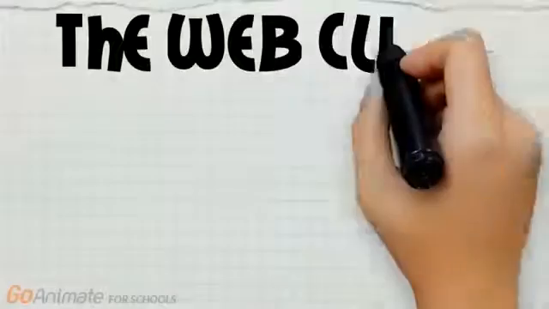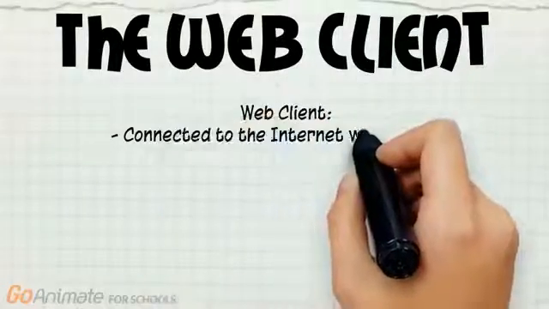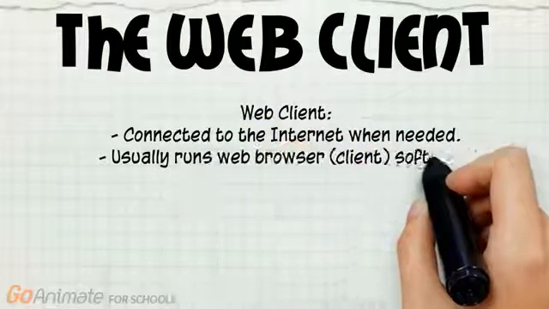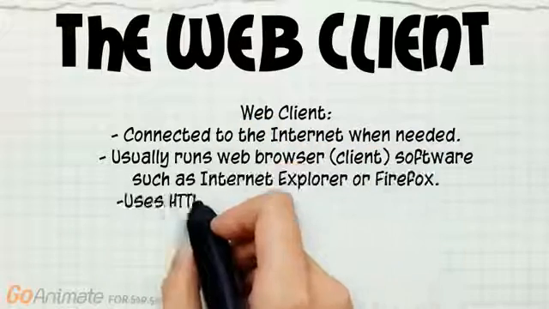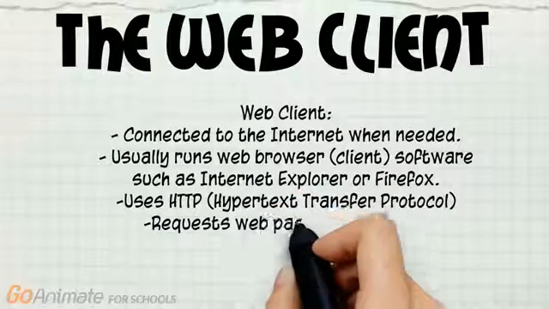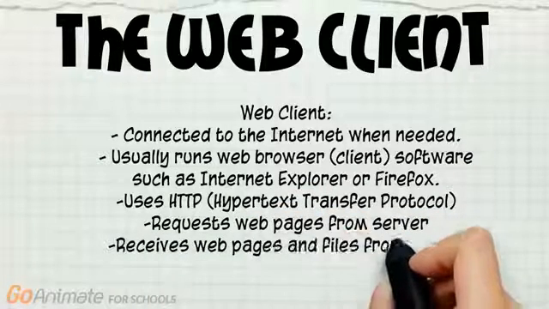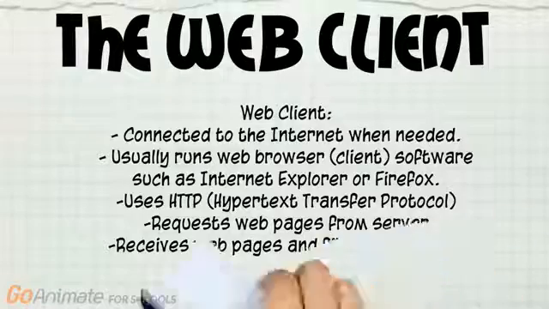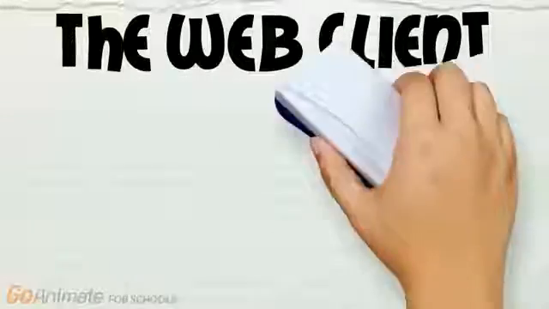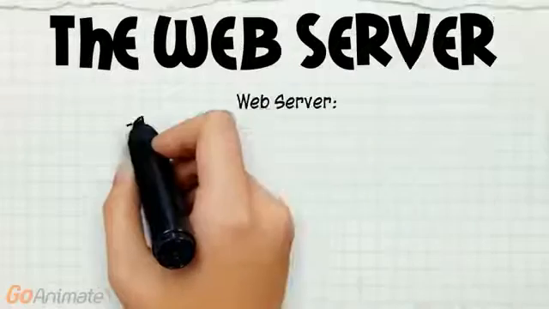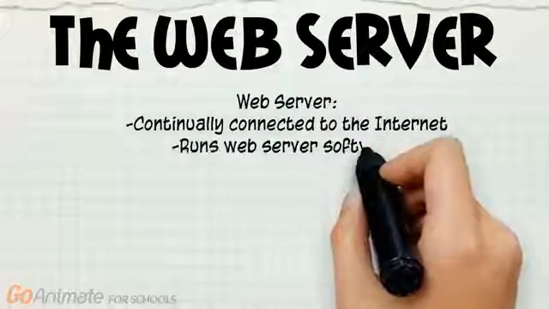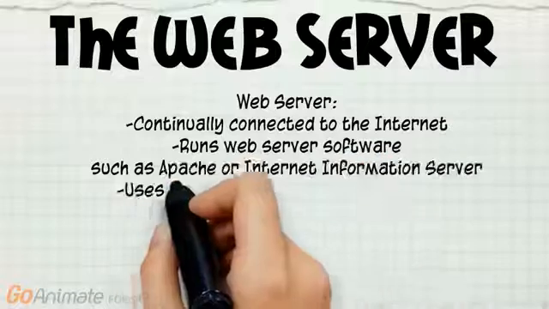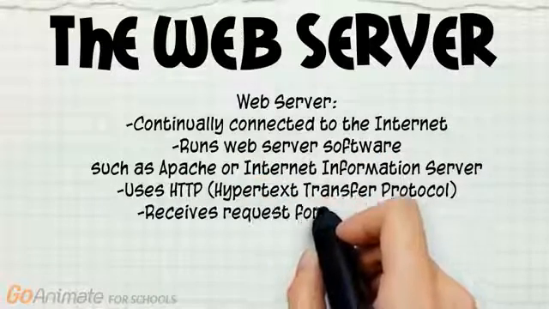A web client is connected to the Internet. It usually runs web browser client software, such as Internet Explorer or Firefox. It uses HTTP, Hypertext Transfer Protocol. A web server is continually connected to the Internet. It runs web server software, such as Apache or Internet Information Server.